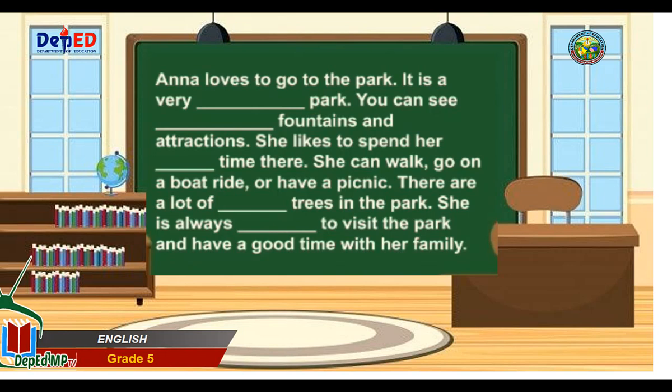It is a very blank park. You can see blank fountains and attractions. She likes to spend her blank time there. She can walk, go on a boat ride, or have a picnic. There are a lot of blank trees in the park. She is always blank to visit the park and have a good time with her family.